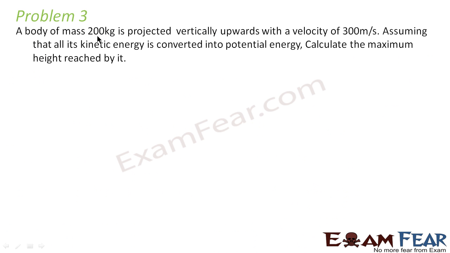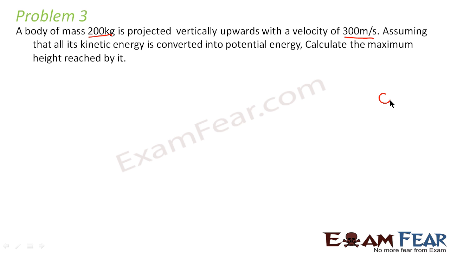A body of mass 200 kg is projected vertically upwards with a velocity of 300 meters per second. Assuming that all its kinetic energy is converted into potential energy, calculate the maximum height reached by it. That means we are throwing an object of mass 200 kg vertically upwards.